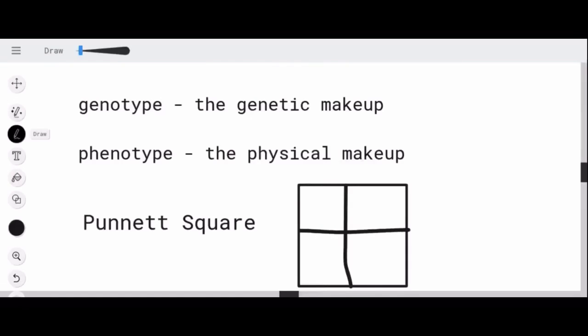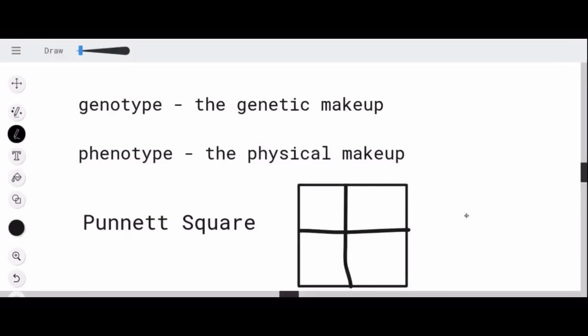And that's what a Punnett square is. This is a monohybrid cross. Mono meaning one, because it's one. I'm going to explain what exactly a Punnett square is and does after we go through this vocab. So you have that.